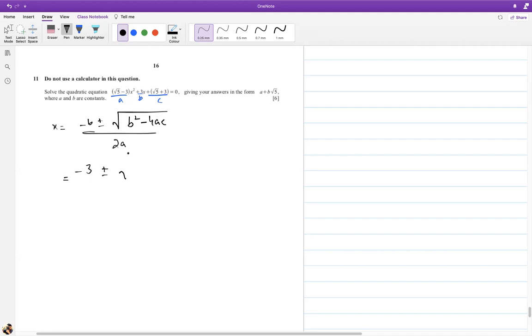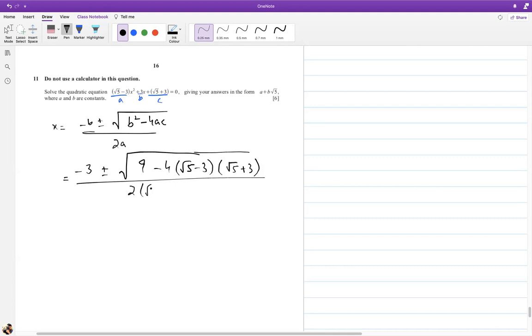Minus 3 plus minus square root of b squared, which is 9, minus 4a, which is square root 5 minus 3, into c, which is square root 5 plus 3, over 2a, which is 2 into square root 5 minus 3. And now on, it's just a test of our nerves.